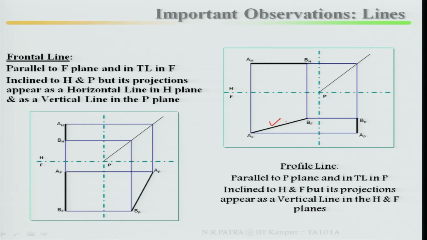In frontal it is true length, however it is inclined to horizontal as well as profile, but its projections appear as a horizontal line in the horizontal plane and as a vertical line in the profile plane.